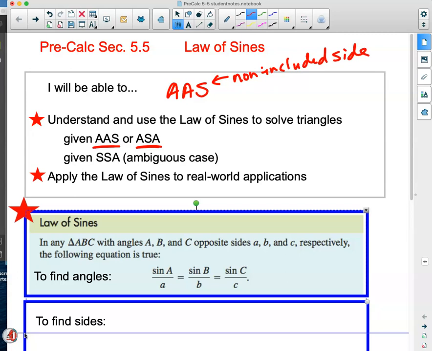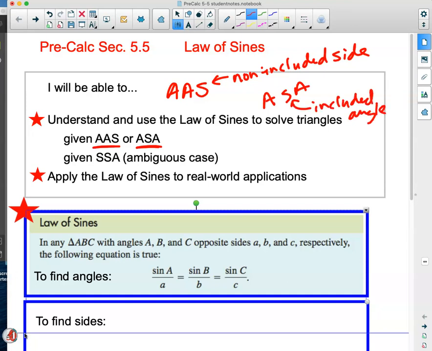If it were the included side, the S would get to go in between the two A's, and it would say angle, side, angle. But this one is angle, angle, side, which means the side is not right between the two angles, so non-included side. The other one, ASA, is the one where the side is included.